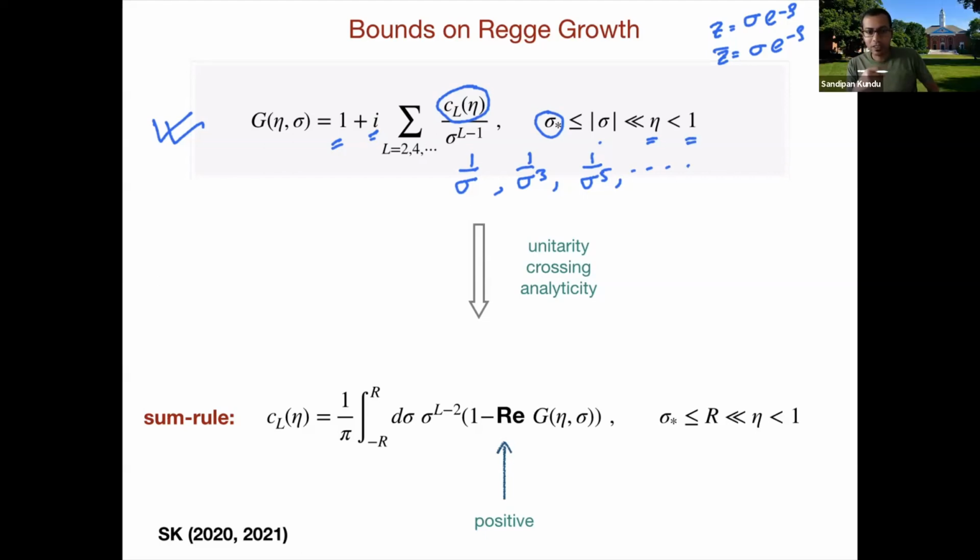So this 1 is basically from the identity exchange. Since this is normalized, that 1 is there. I see. So because you want to focus only on the double trace guys, you subtract the 1 out. Also the positivity condition is true only for this subtracted quantity, so the correlator itself is not positive. Okay.